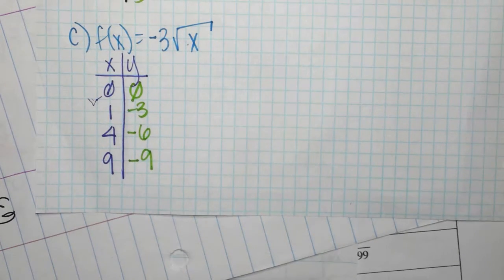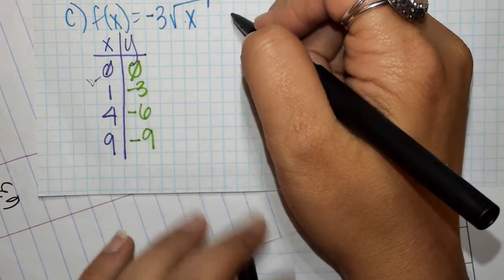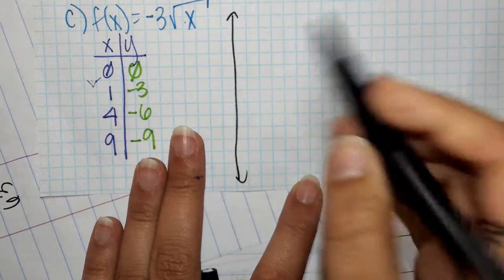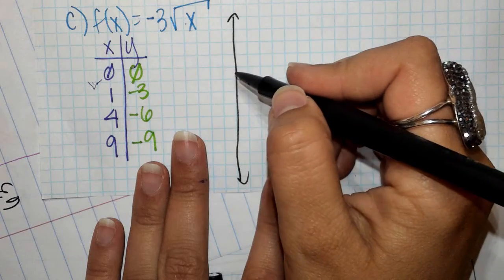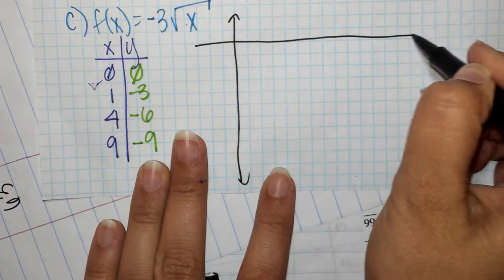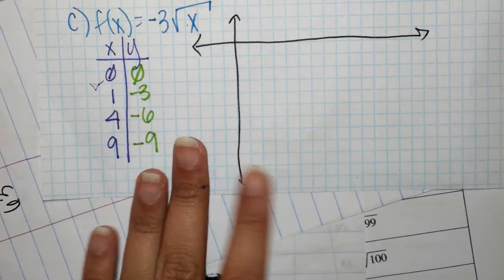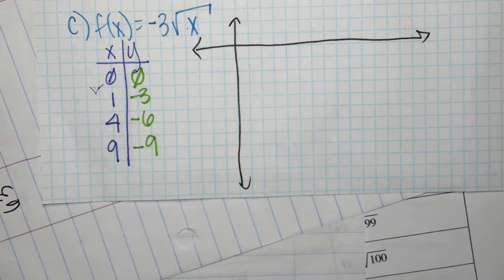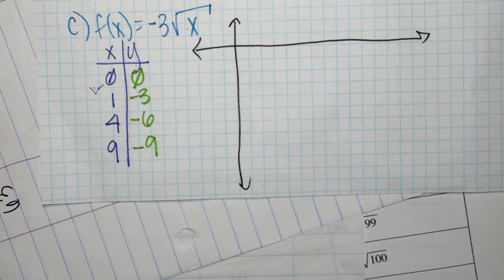Alright, let's draw our graph. Alright, now is my vertex or my starting point still 0, 0?